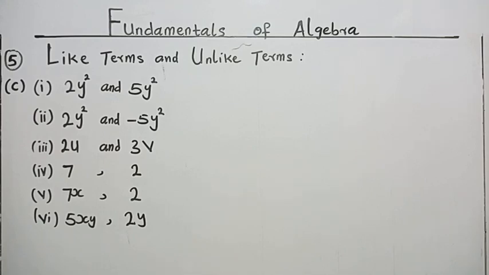Why? 7 is quantifying something, and 2 is also quantifying something. What is that 7 is quantifying? 7 ones, because 7 times 1 is still 7, and 2 times 1 is still 2. So 7 is quantifying 1, and 2 is also quantifying 1. Therefore, what 7 is quantifying is what 2 is quantifying.